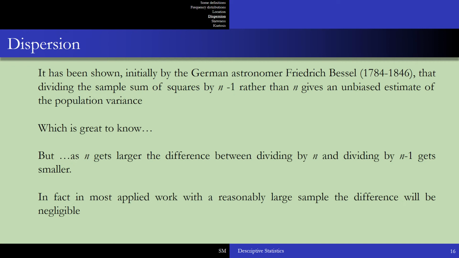But as the sample size n gets larger, the difference between dividing by n and dividing by n minus 1 gets smaller. In fact, in most applied work with a reasonably large sample, the difference will be negligible. So in practice, whether you divide by n minus 1 or n probably will make very little difference.